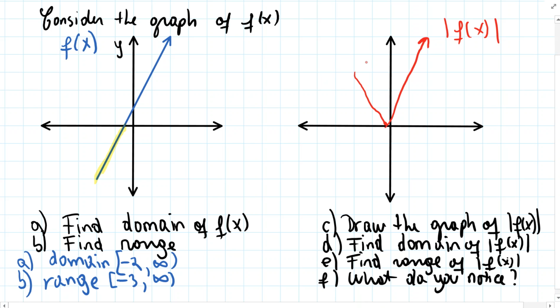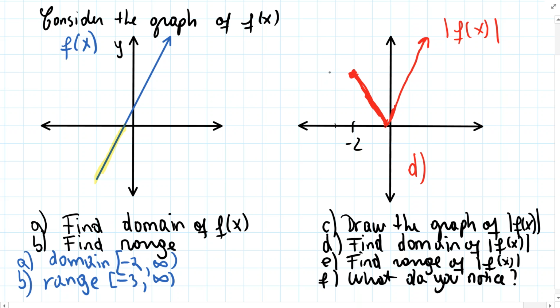So the domain, we see that I can also input any x's greater than -2 and all the way to infinity, right? I don't have a function for absolute value of f of x if I put -3. -3 is not going to have a corresponding y value.